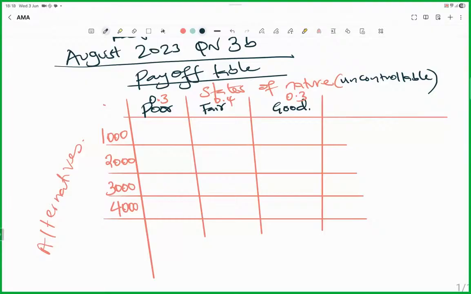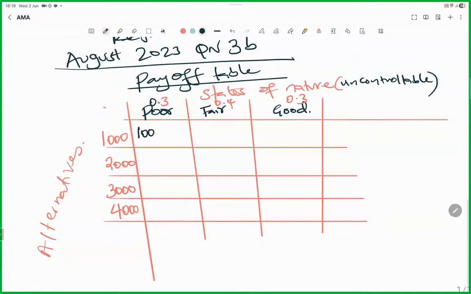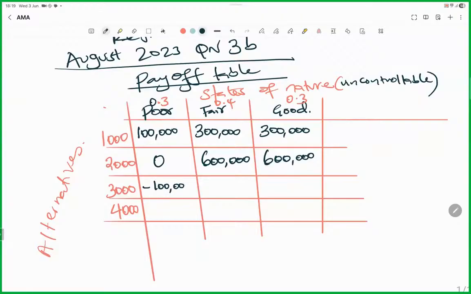So here I can see 100,000, 300,000, 300,000 again, then 600,000, 600,000, a loss of 100,000, 700,000.